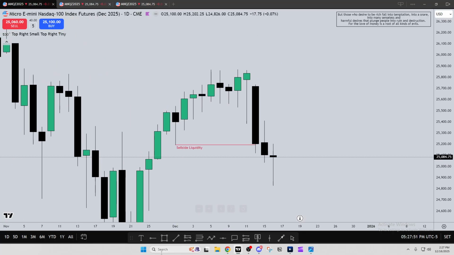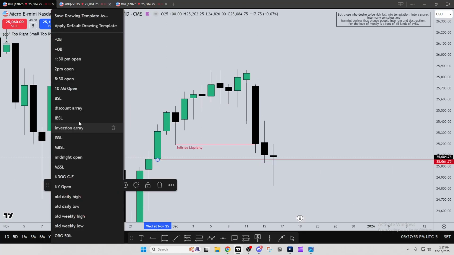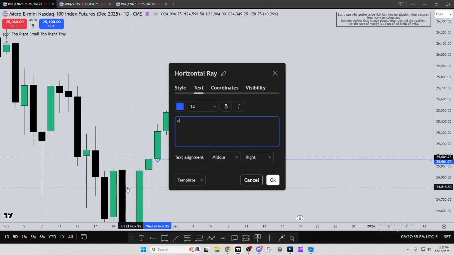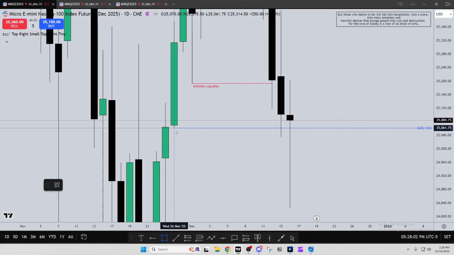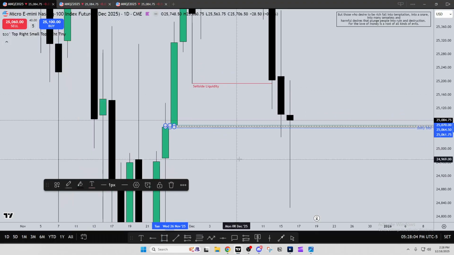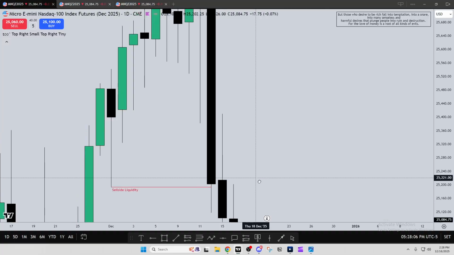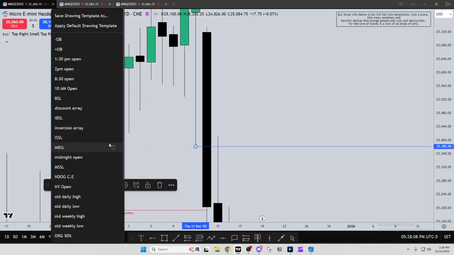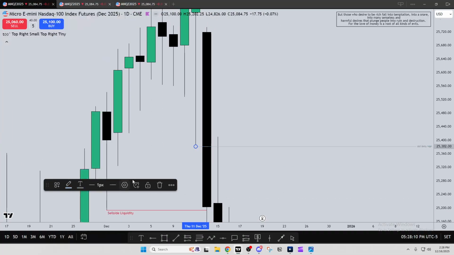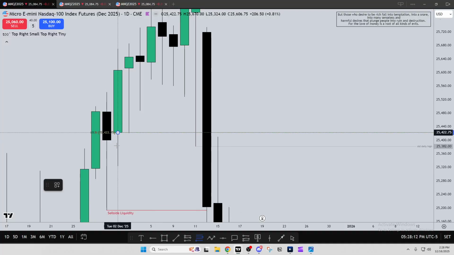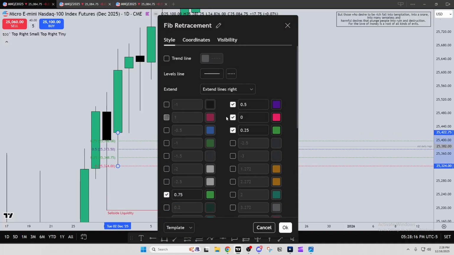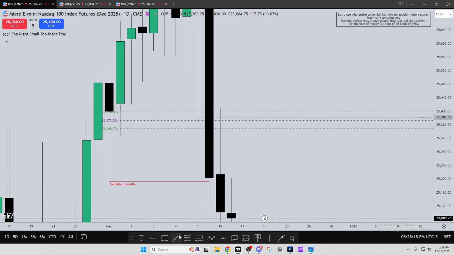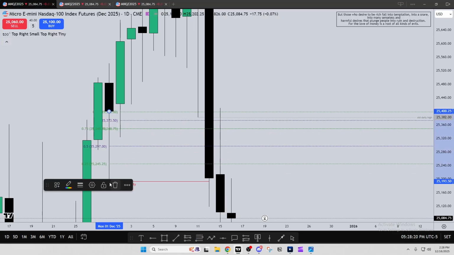So remember, sell side, daily busy, old daily high, and then this wick, and then this wick.